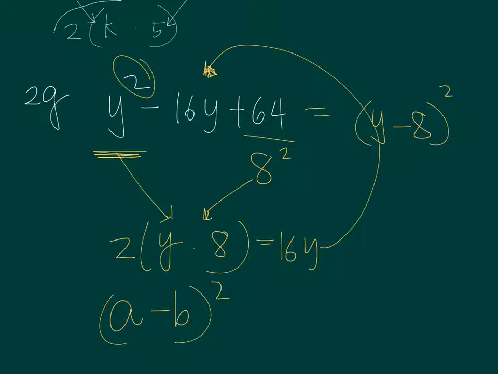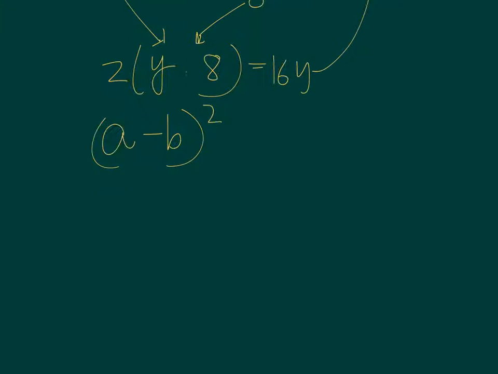And this is minus because you have an a minus b squared format. So we have spotted an expression that can be easily factored by having the a minus b squared form. Okay, now suppose you don't want to use that method, so we have y squared minus 16y plus 64.